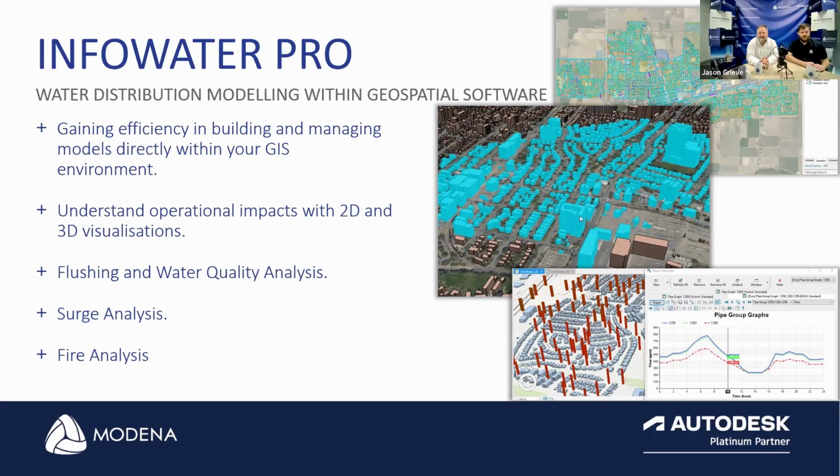Then with regards to the flushing and water quality analysis, this is where we'll start looking at running different types of water quality analysis, like a trace analysis, being able to identify the source of one of the pollutant factors, anything like chlorine. We can even do temperature analyses.